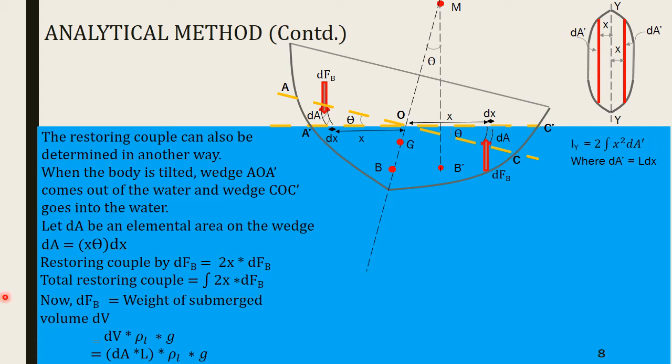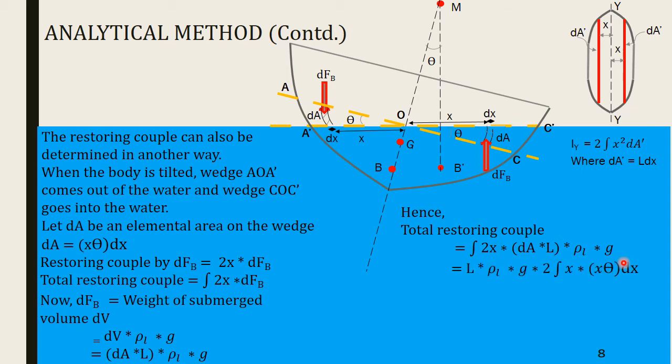Now coming back to the restoring couple, which is integral 2x into dFb, the total restoring couple. dFb has been substituted with dA into L into rho L into G. So it is integral 2x into dA into L into rho liquid into G. This is the total restoring couple.